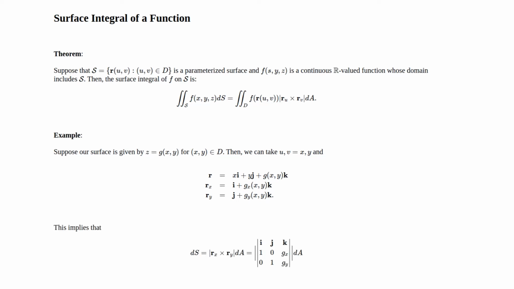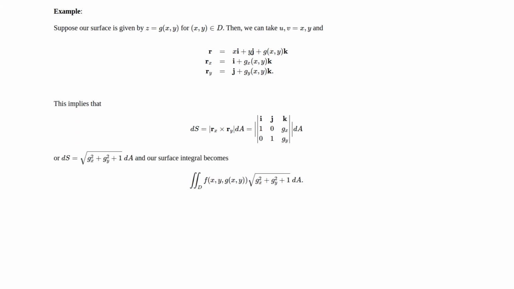And so we can write out then the differential of surface area, which we know now is given by the magnitude of the cross product of r_x cross r_y times dA. And we write that as the magnitude of the symbolic determinant as normal for the cross product, dA. We do this determinant and we find that the magnitude of that determinant is the square root of g_x squared plus g_y squared plus 1.